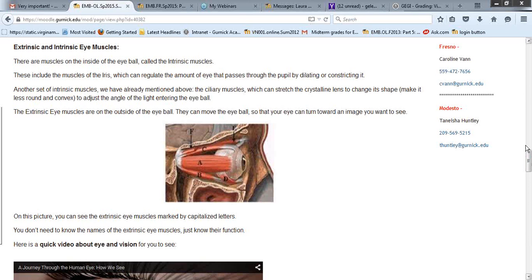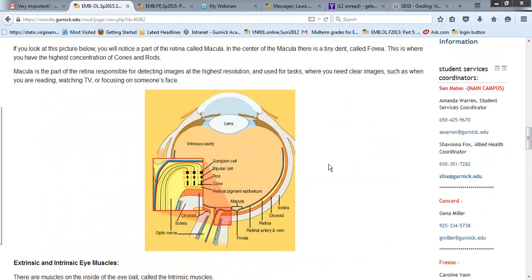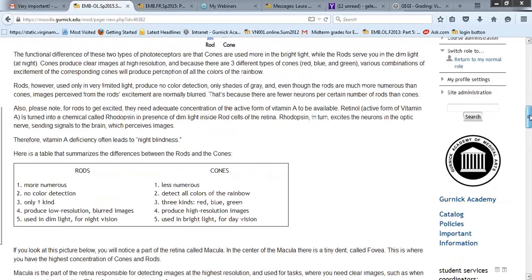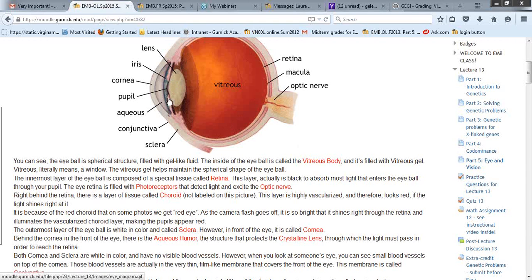The intrinsic eye muscles are inside the eyeball. These would be the ciliary muscles that control the thickness of the lens, and the iris muscles, which would be over here on this picture. The iris muscles control the dilation and the constriction of your pupils.